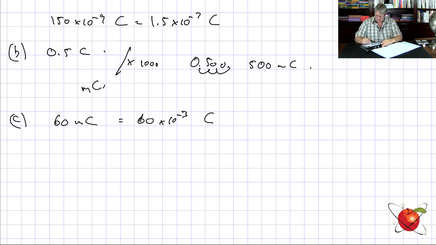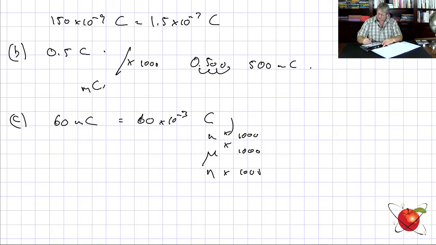So there we're at coulombs, aren't we? Now we want to get down to minus 9. So we've got to go down from coulombs. Coulombs down to milli is times 1,000. Micro is times another 1,000, isn't it? And down to nano is times by another 1,000.